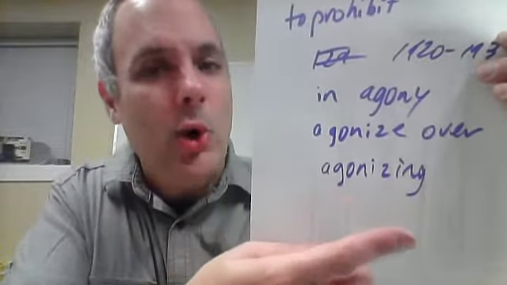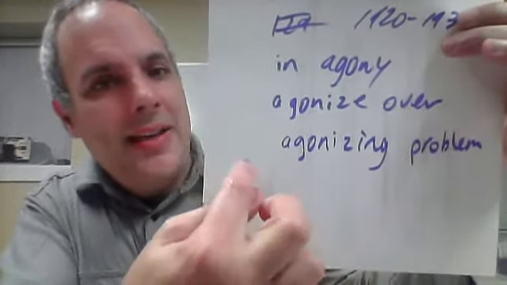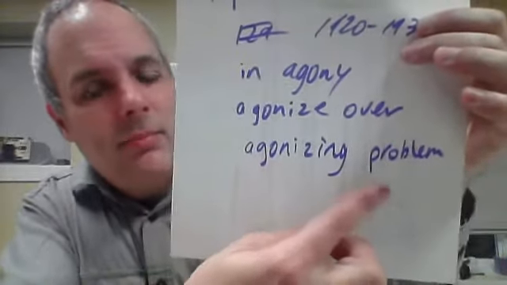I'm agonizing over the decision. That's a verb, but it can also be an adjective. Okay, so that is an agonizing problem. In this case, this is going to be an adjective. Okay, an agonizing problem. So it means a problem that's causing me lots of trouble. Okay, painful, kind of emotionally painful.